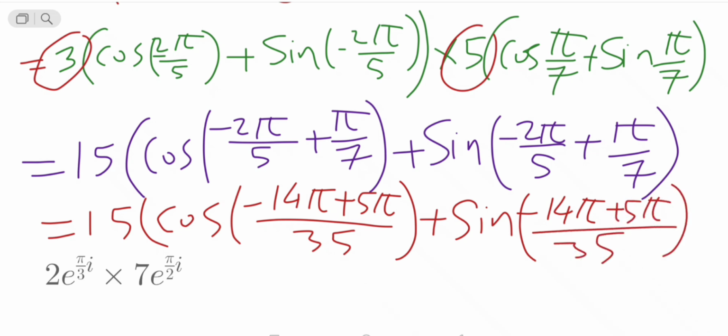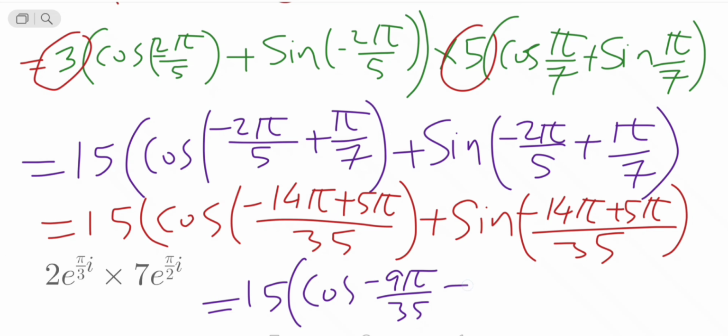So we will simplify more: 15 bracket cos, minus 14 plus 5 equals minus 9 pi over 35, plus sine, same, minus 9 pi over 35.